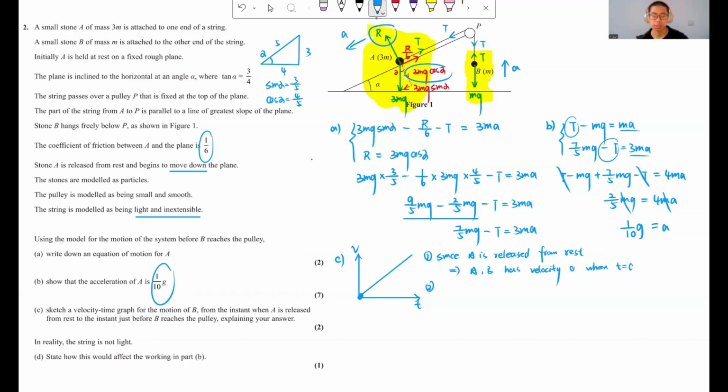And then for the second one, you can say the gradient of velocity time graph is acceleration.